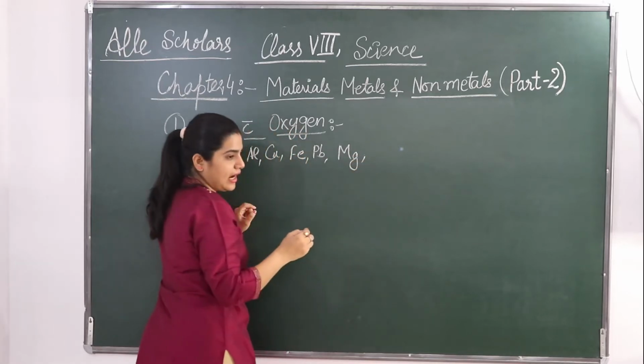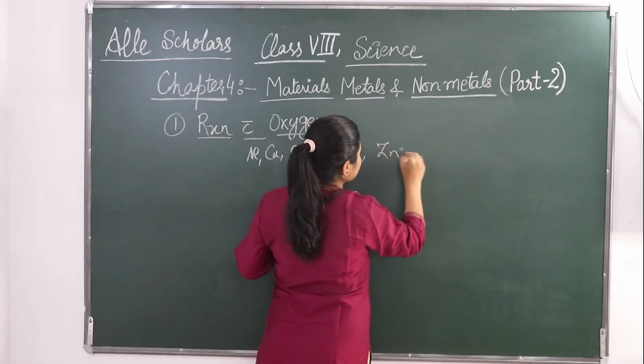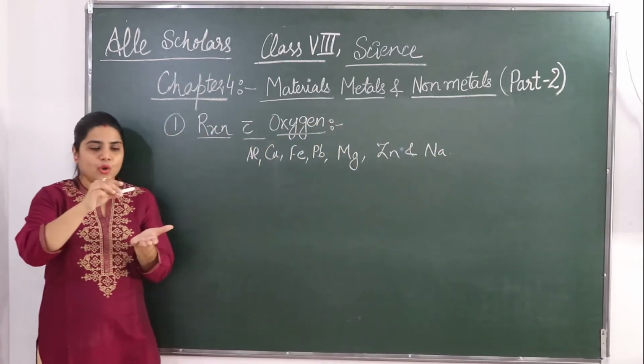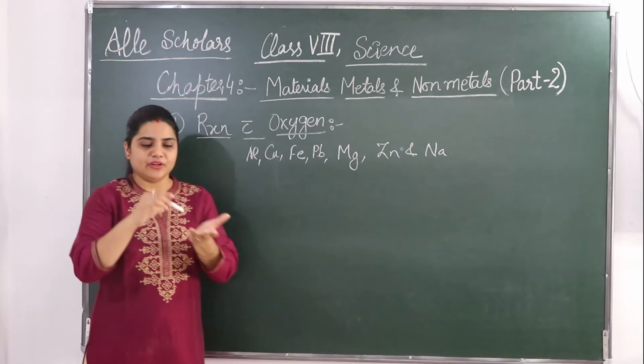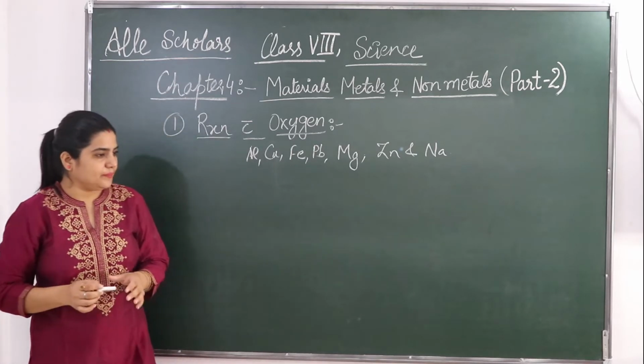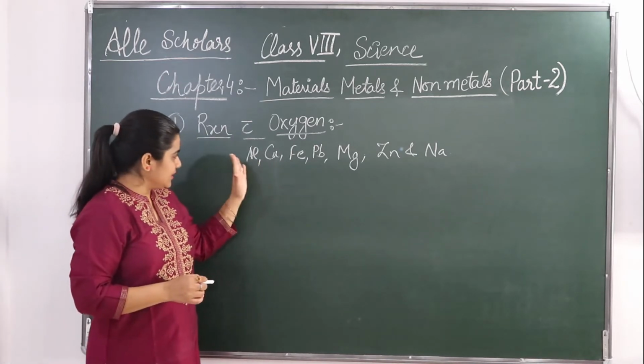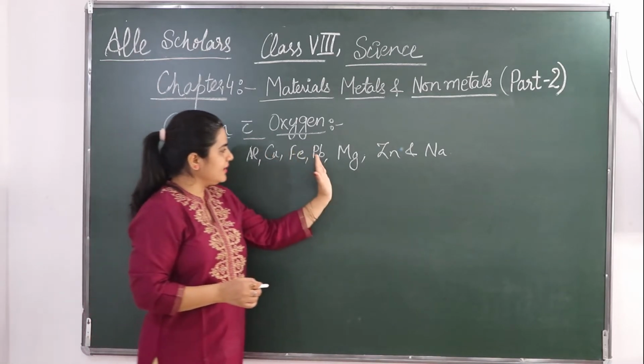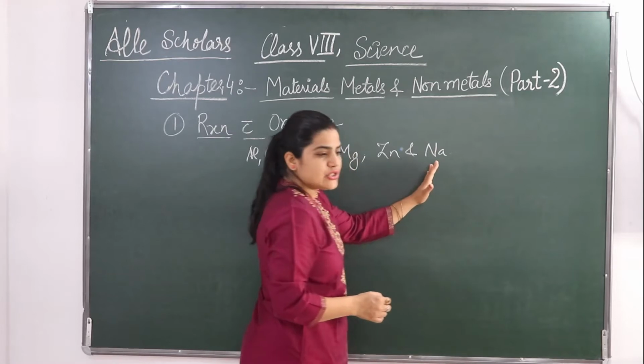Take a burner and hold these metals one by one with a tong and try to burn them. First aluminum, then copper, then iron, lead, magnesium, zinc and sodium.